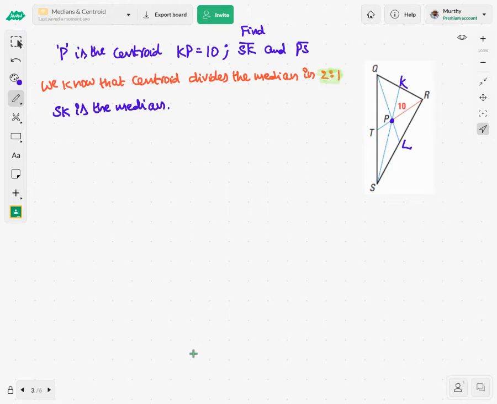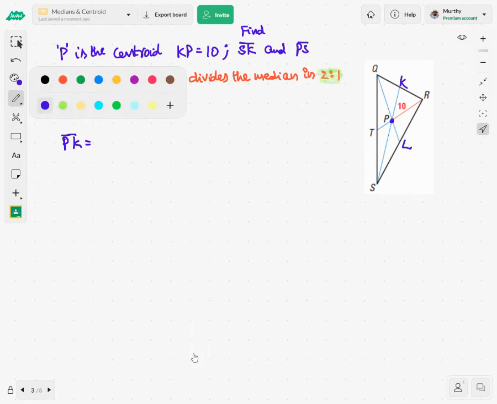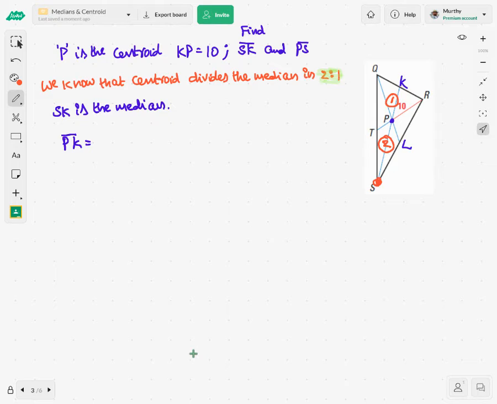Okay, then the length of Pk equals, as we already discussed earlier. Please remember, from the vertex to the centroid, that is 2 parts, and from the centroid to the base, that is 1 part. So it is 2:1.